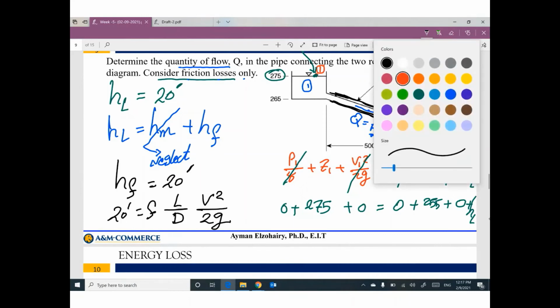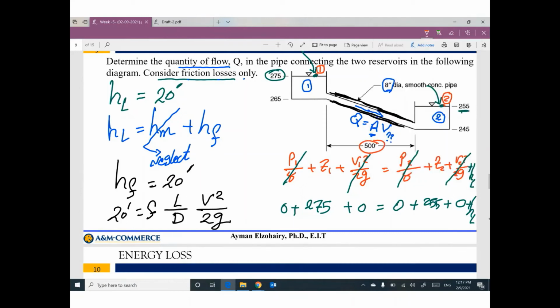The length of this pipe is approximately 500. The diameter of this pipe is 8 inch, so 8 divided by 12 to be in feet. G is 32.2. What is the value of friction? This pipe is made from smooth concrete pipe, so the roughness will be 0.001.